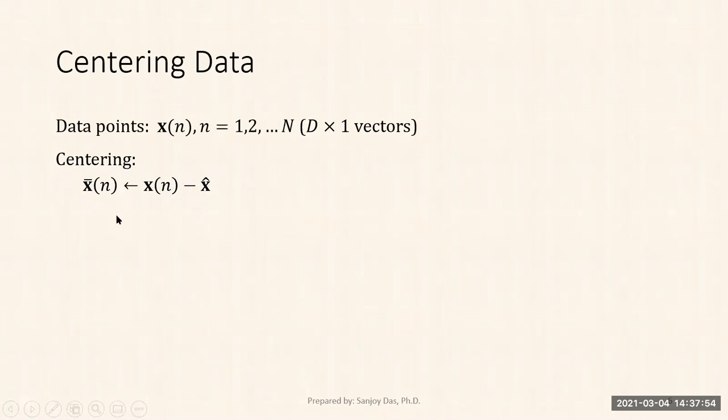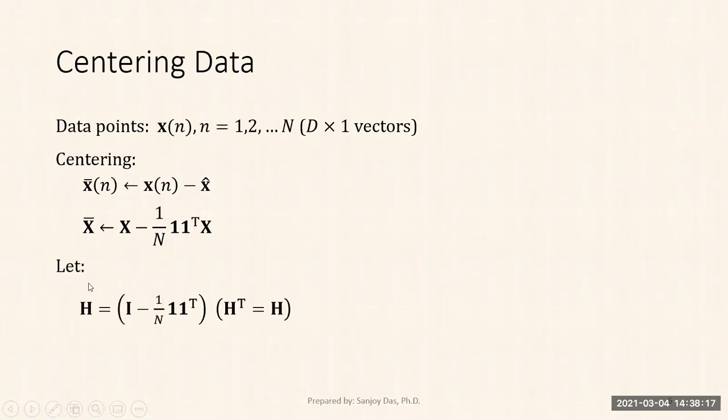So these are the x bar n's, the centered points. And equivalently, this is what we can do for the whole data matrix. X bar, uppercase bar, is equal to X minus 1 over n, 1 transpose X. Okay, now I'll explain why in just a minute.